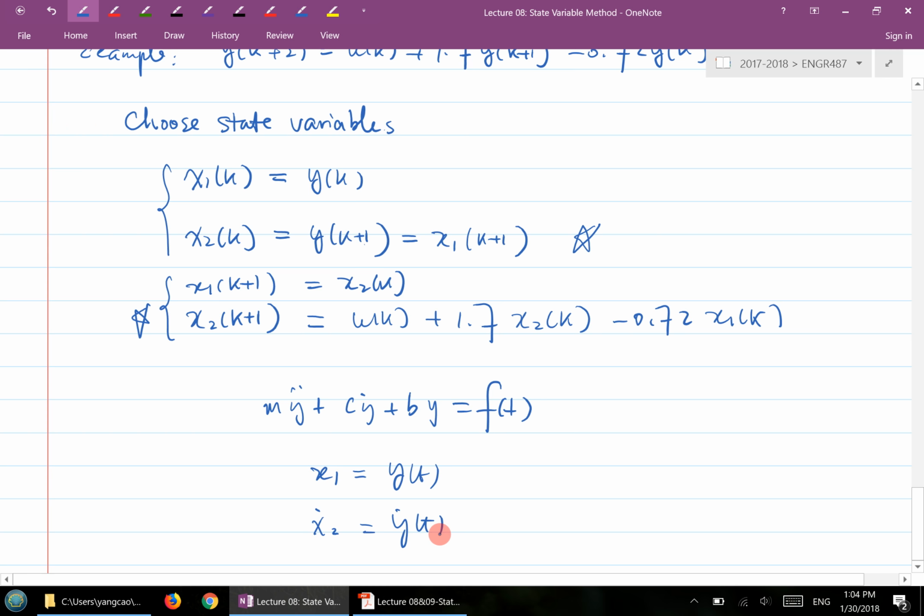So, you can probably have a similar basic consideration here. What's the difference between the position and the velocity here?